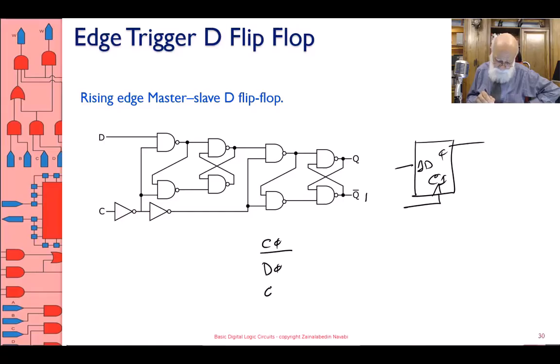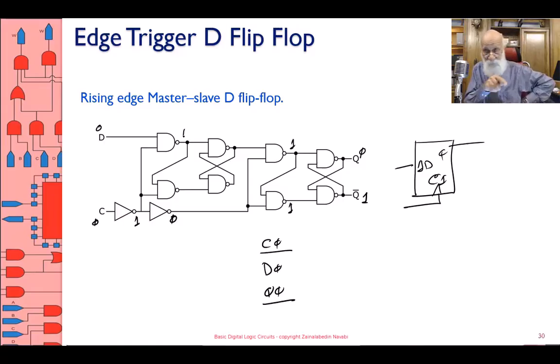D0, and let's assume Q0, C0. So there's a 1 here, there's a 0 here. There is a 1 here. There is a 1 here. We assume this is 0. This is 1, stable. And we are saying D is 0. And therefore there is a 1 here.